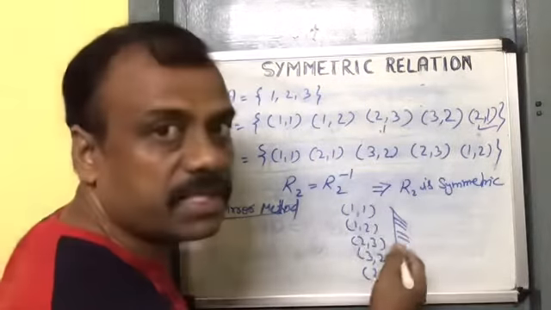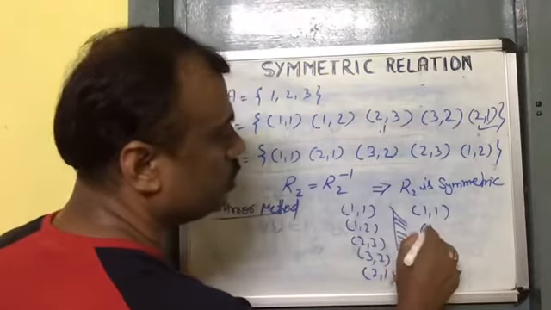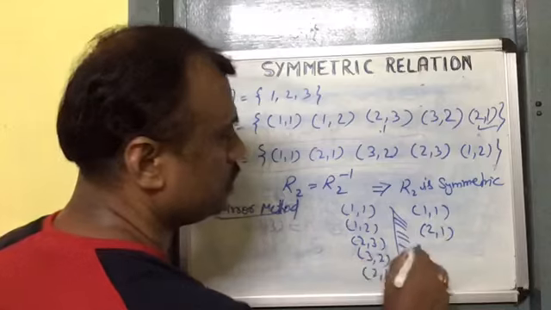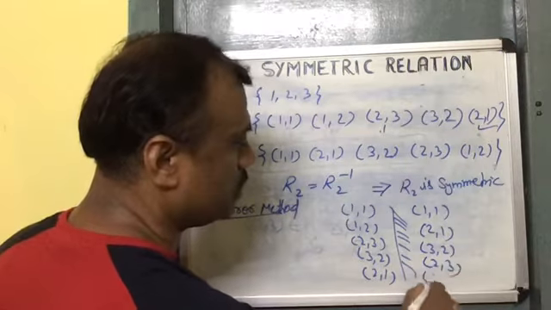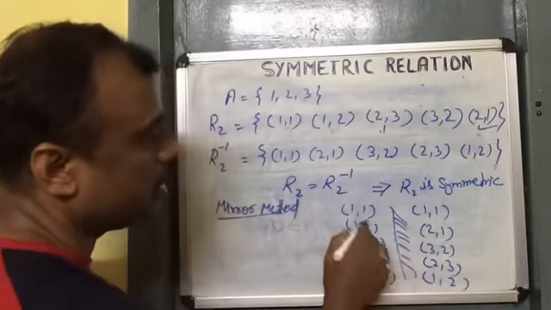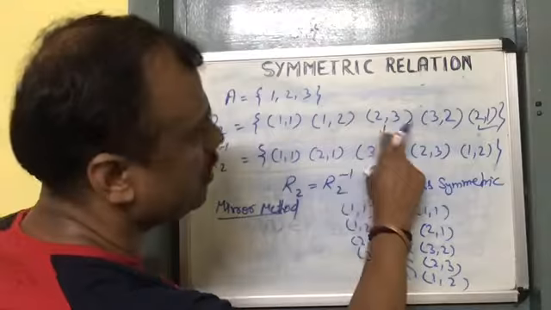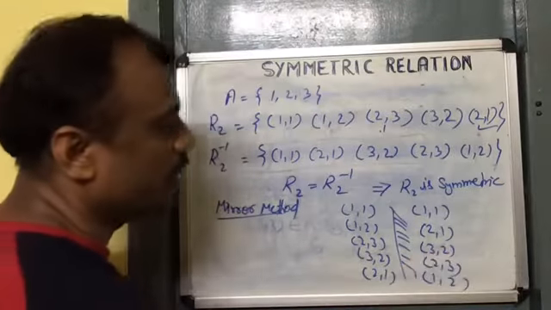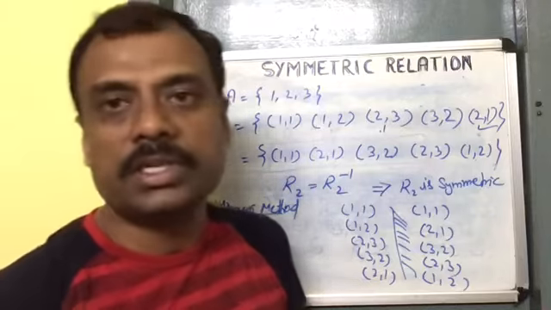What will be the mirror image of these elements? (1,1), this one (2,1), this one (3,2), this one (2,3), and this one (1,2). You see here the mirror image has all the same elements. So in this way we can say that this R2 is a symmetric relation.